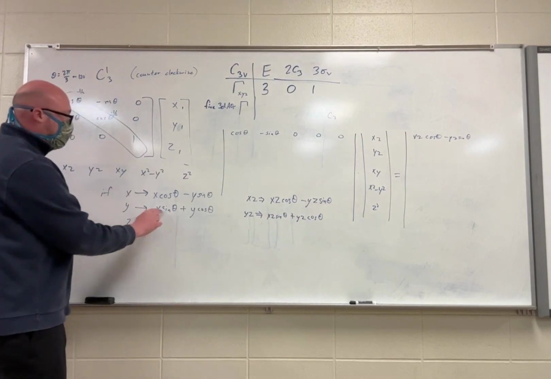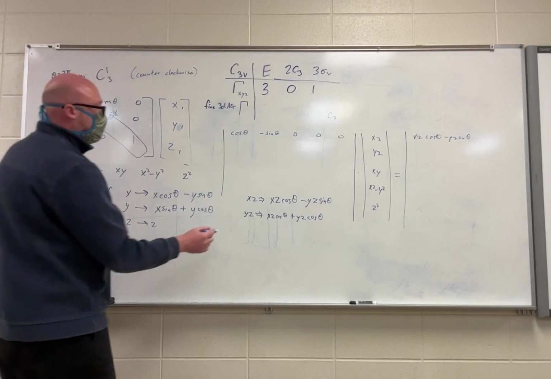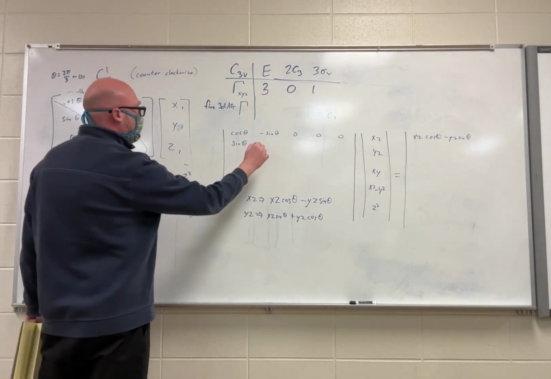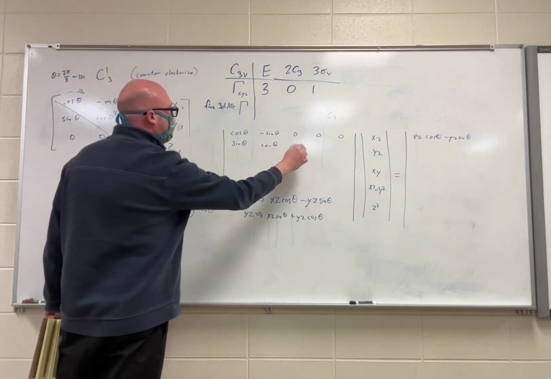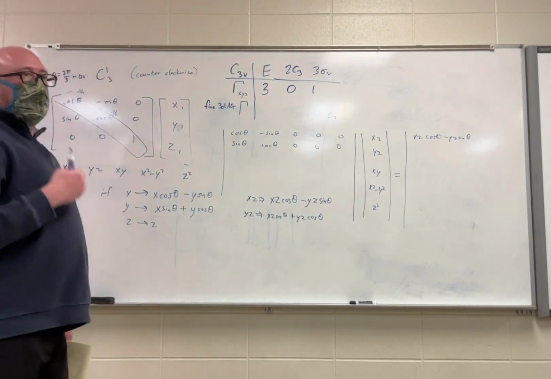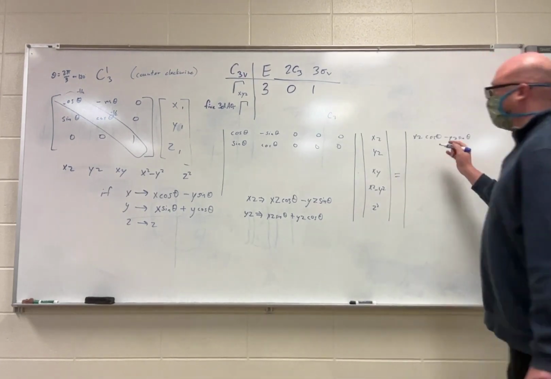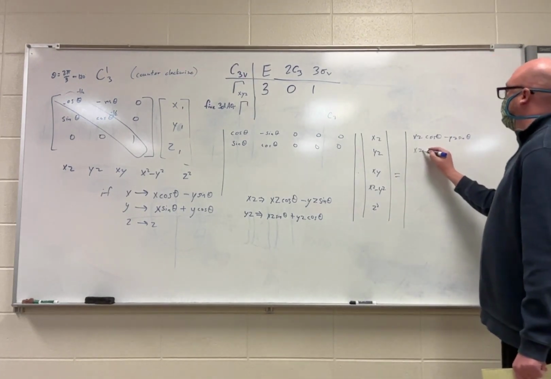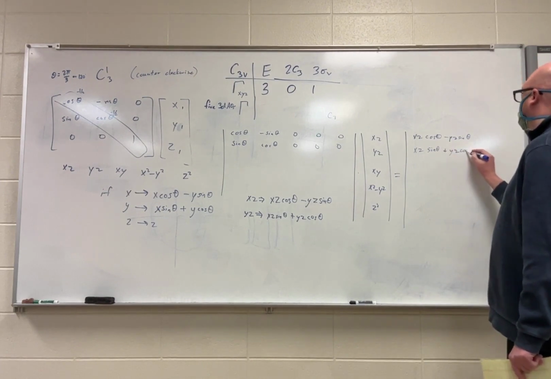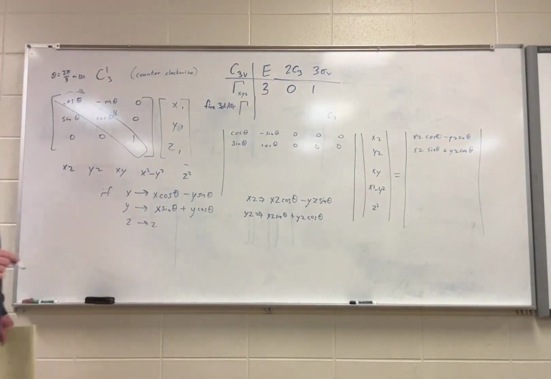So in the transformation matrix, I have a sine theta here and a cosine theta here, 0, 0, 0, so that when I take those row terms into these column terms, I have xz sine theta plus yz cosine theta. Okay?